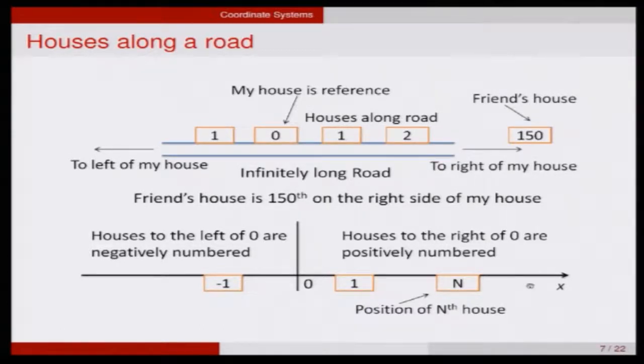So, what this house analogy has told you is that I can associate any point on this road with a number. I have found a method in which I can locate a point in space by a number. For example, the position of the nth house can be specified by giving a number n.